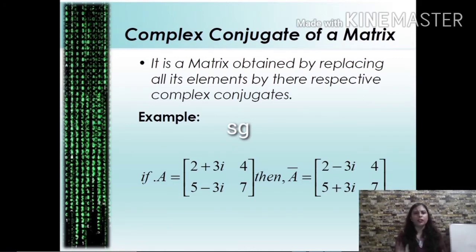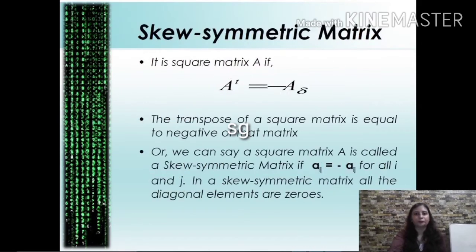But for your knowledge you can go through the reference. Here we are considering the complex conjugate as A and A dashed. You can see the example and you will understand what it means.